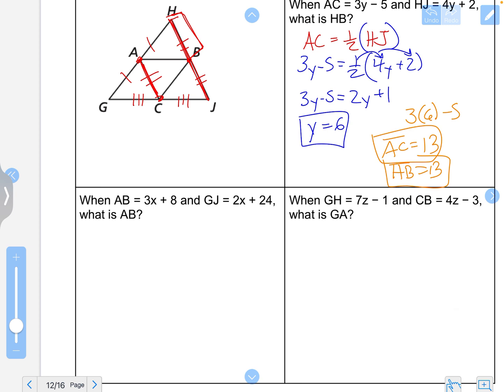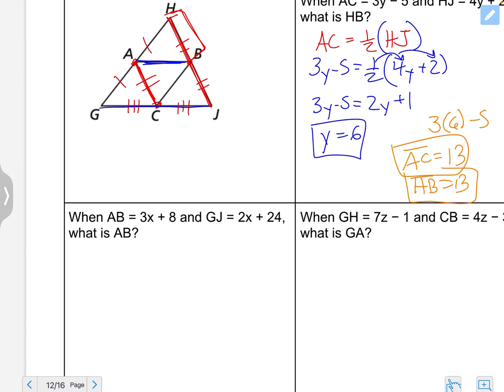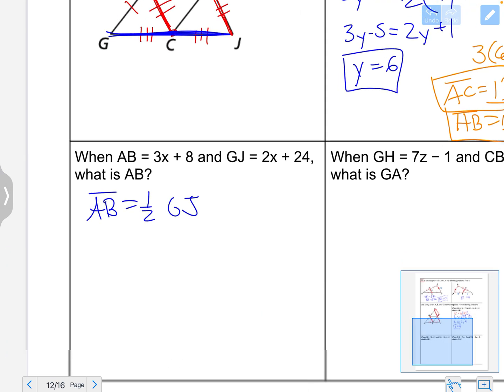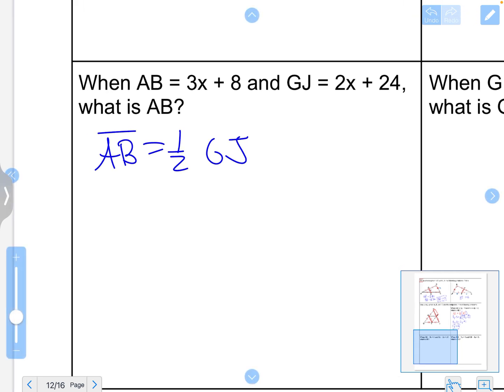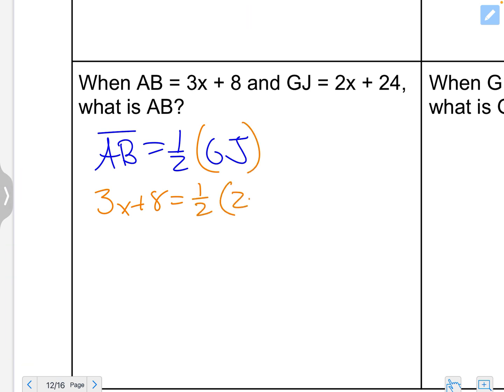All right, now they gave us AB and GJ. So we know that AB equals 1/2 GJ. So we're going to plug in our numbers. Again, everything that is GJ needs to go in our parentheses.